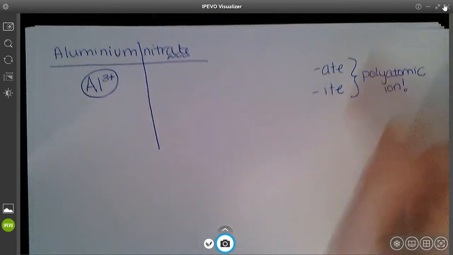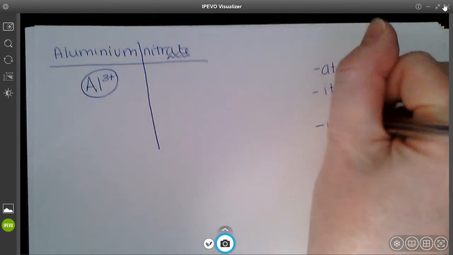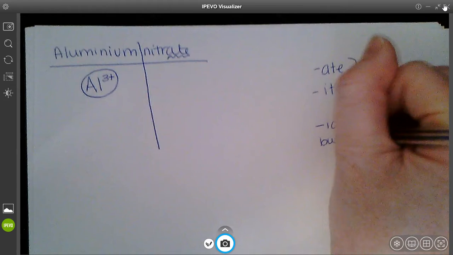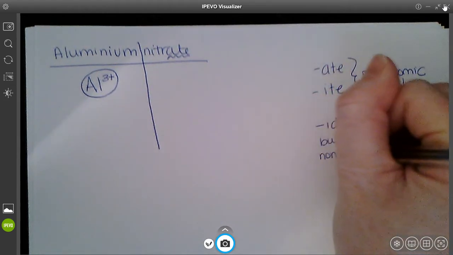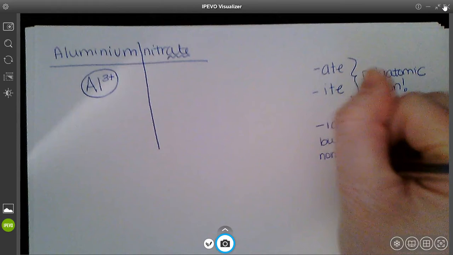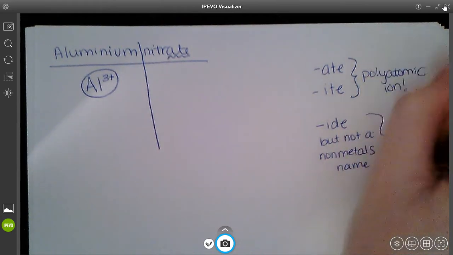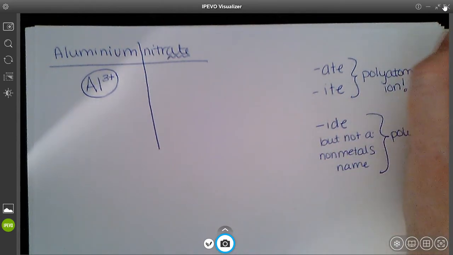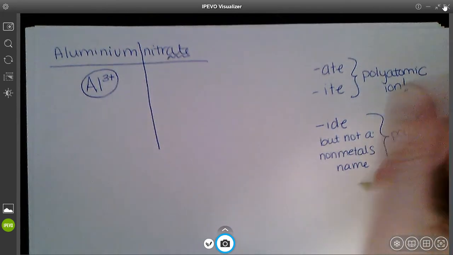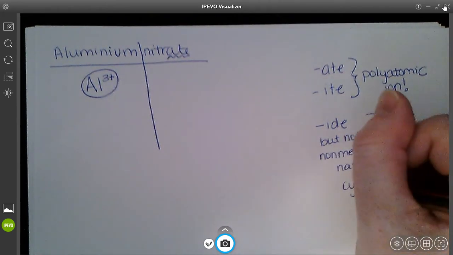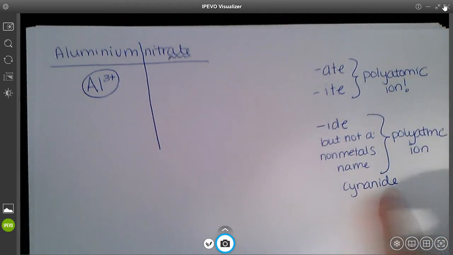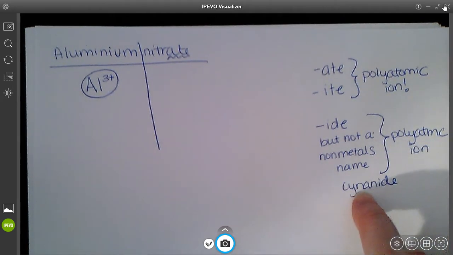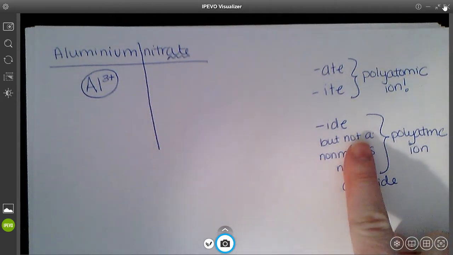The other way it could end in IDE, but not a nonmetal's name, this is also a polyatomic ion. Like cyanide, this has the IDE, but there's no element with that name. So that's how we know it's a polyatomic ion.